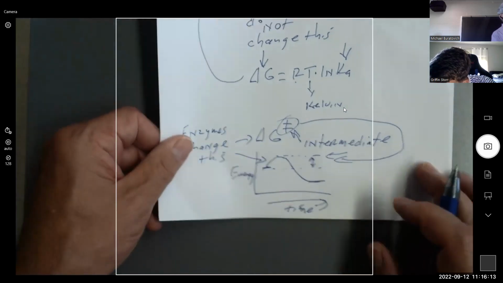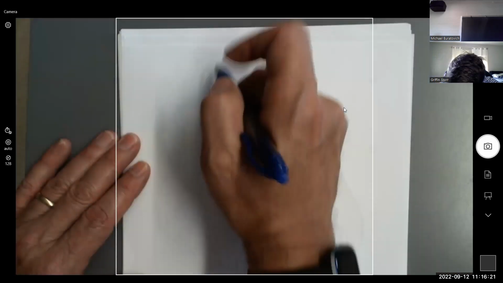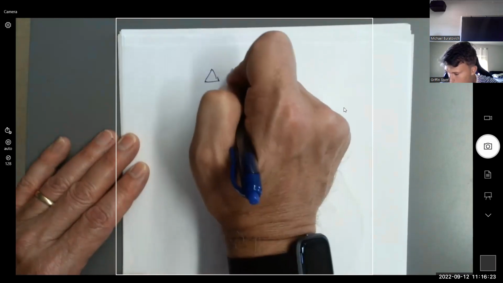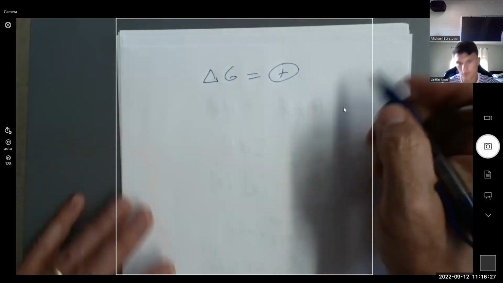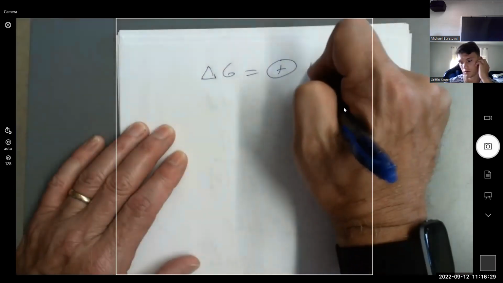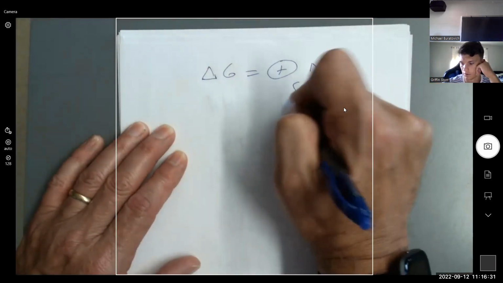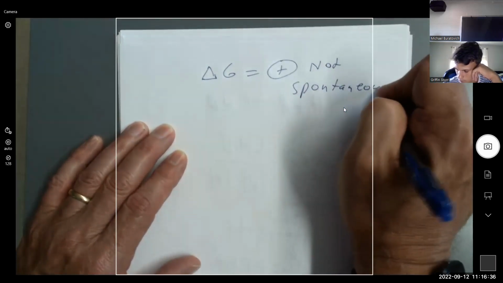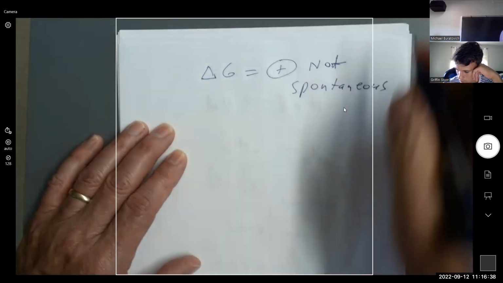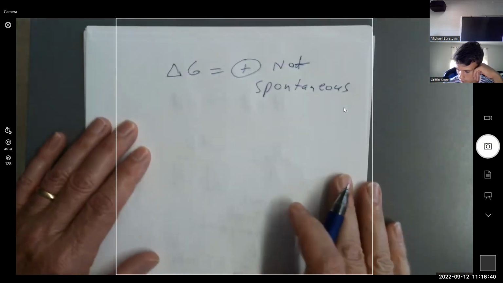So you have a delta G for reactions. And if that delta G is positive, that means a reaction is not spontaneous, meaning that it's thermodynamically not favored.